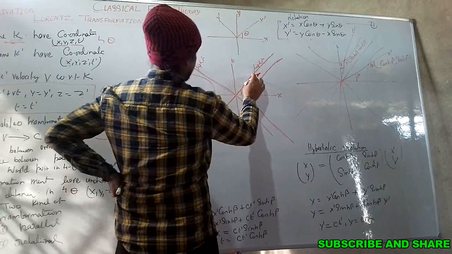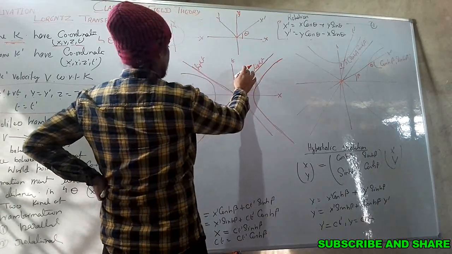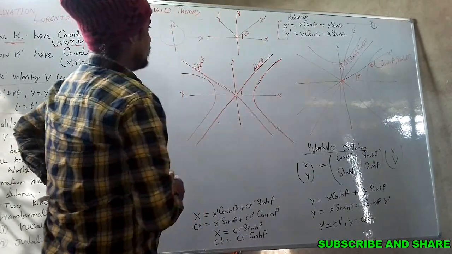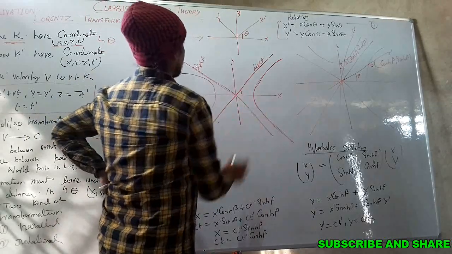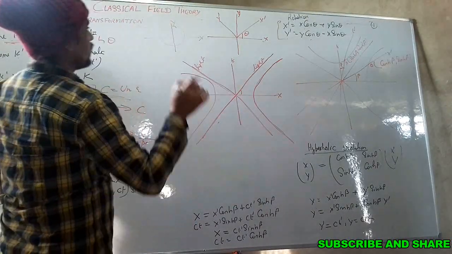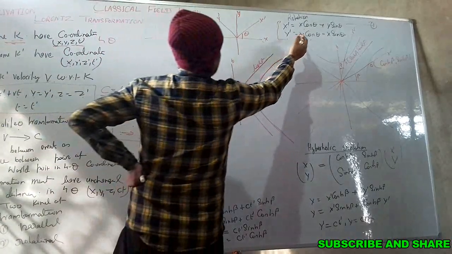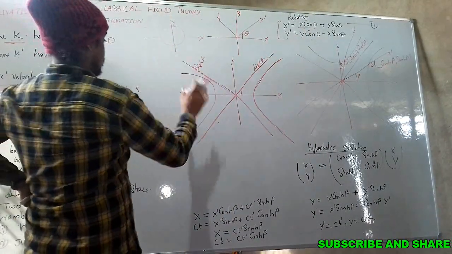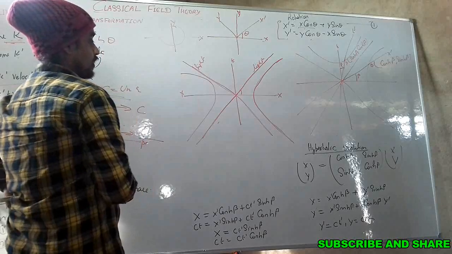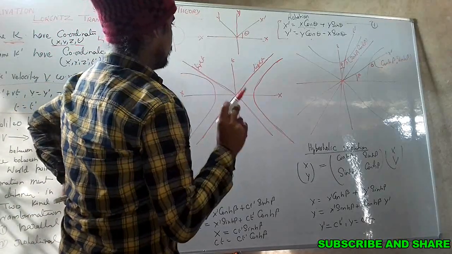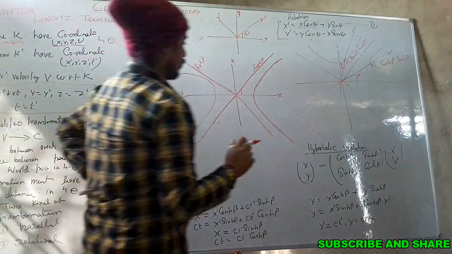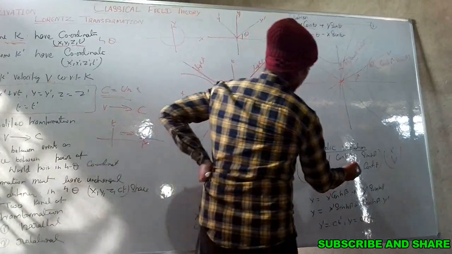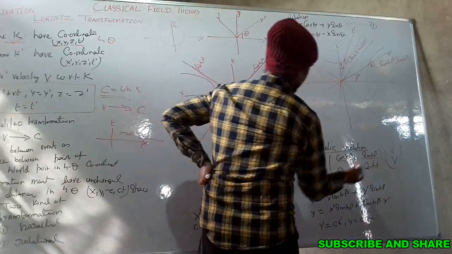It cannot exceed the speed of light. So we cannot use cos theta and sin theta in this case. We use hyperbolic functions, which are cosh beta and sinh beta.